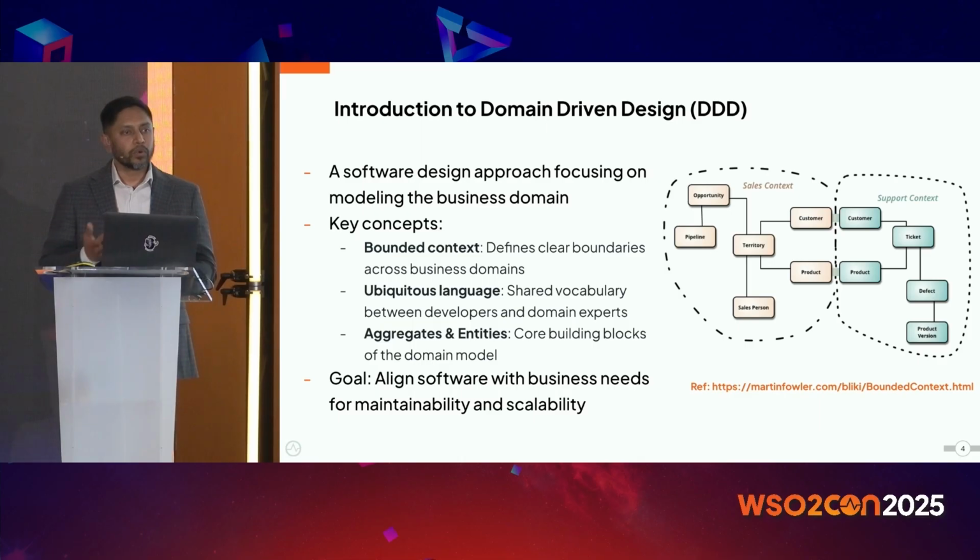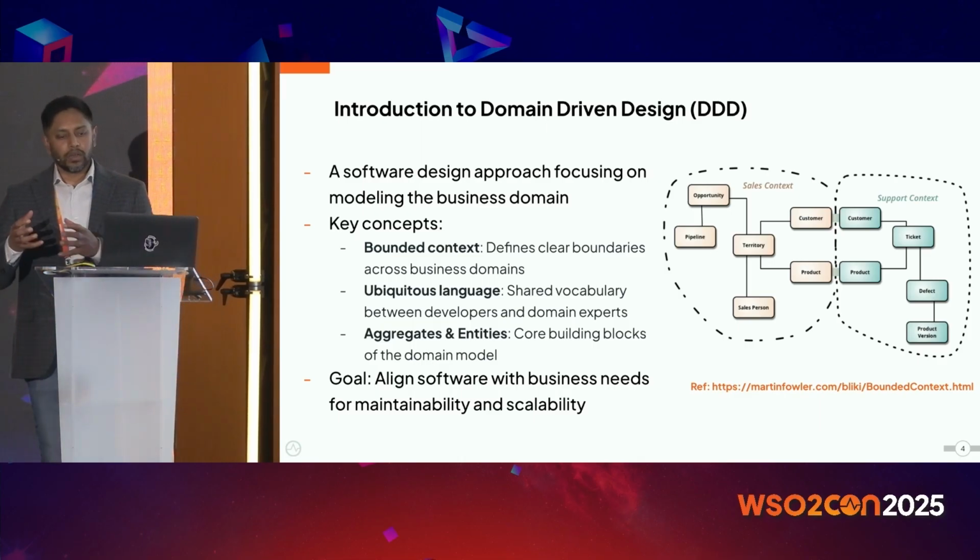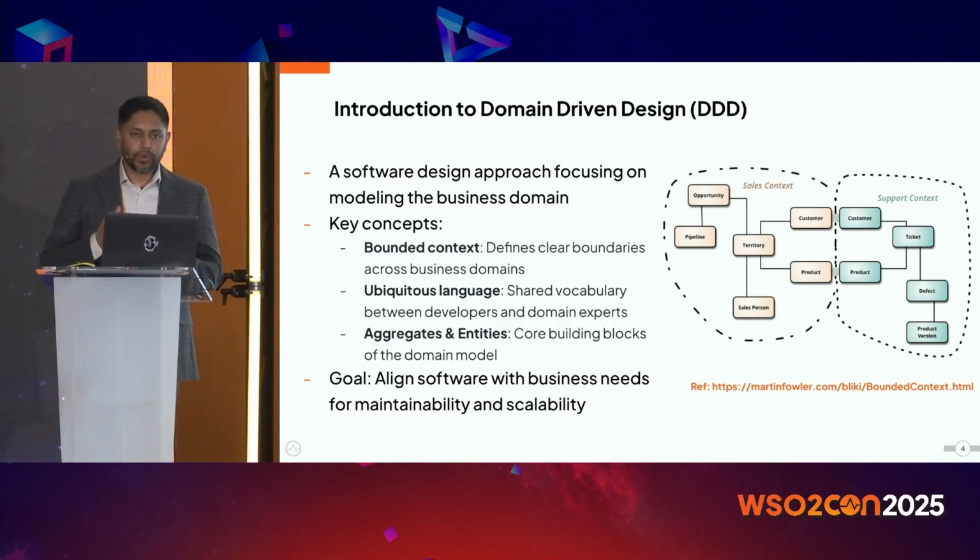And also another important part is when you are putting software in front of business, we need a common language between the business folks and the developers, and that is what is meant by the ubiquitous language. So why we need this language is that if we take different business domains, even a single entity like a customer or a product can mean different things in different contexts.